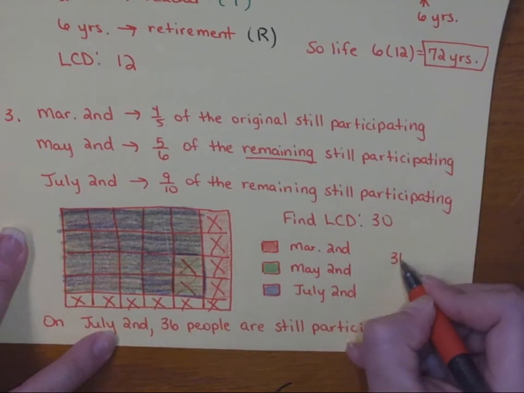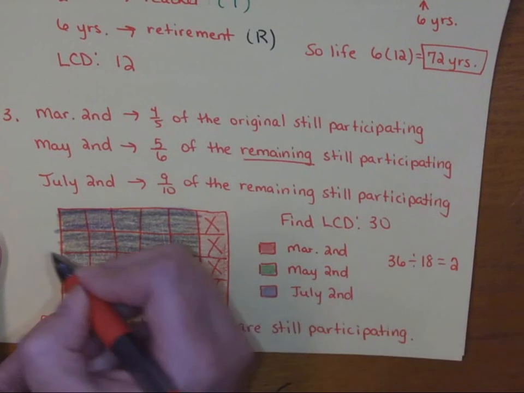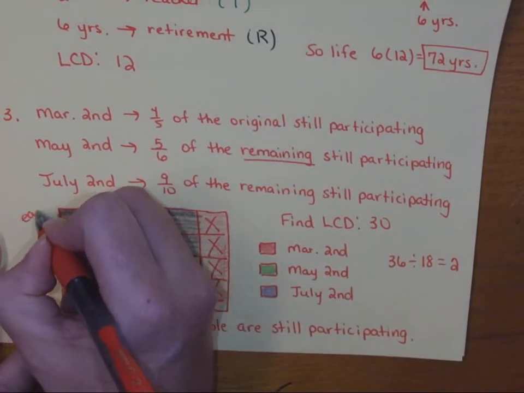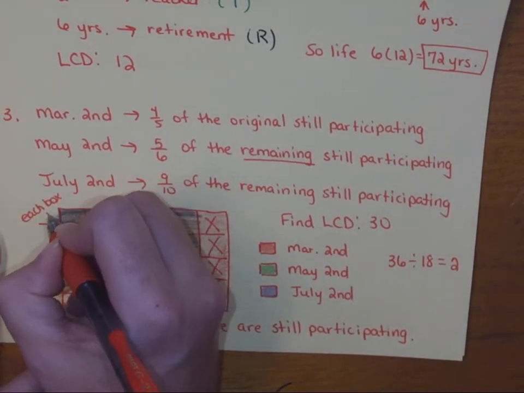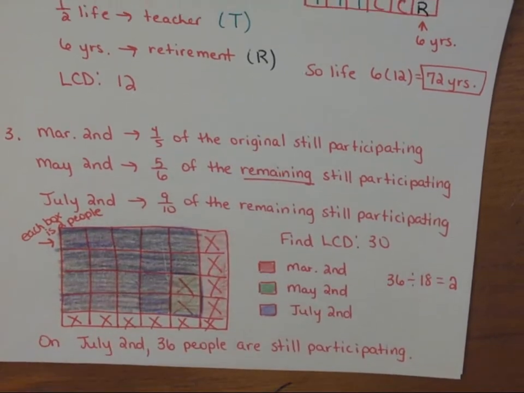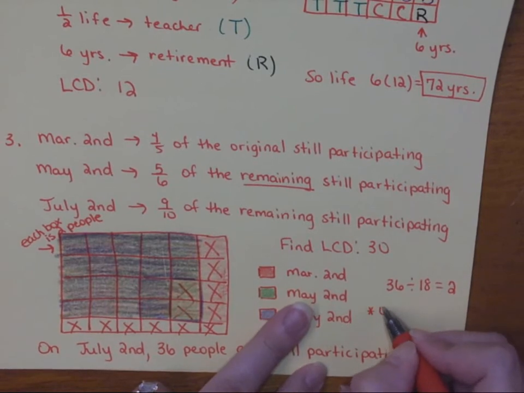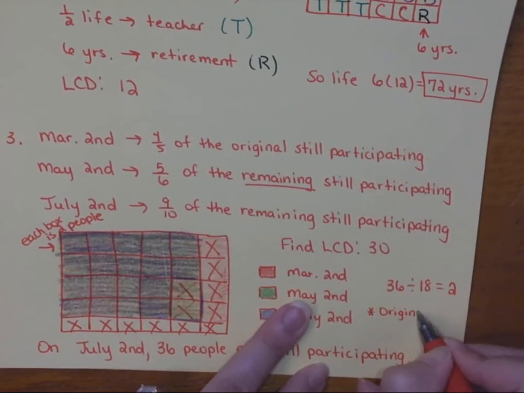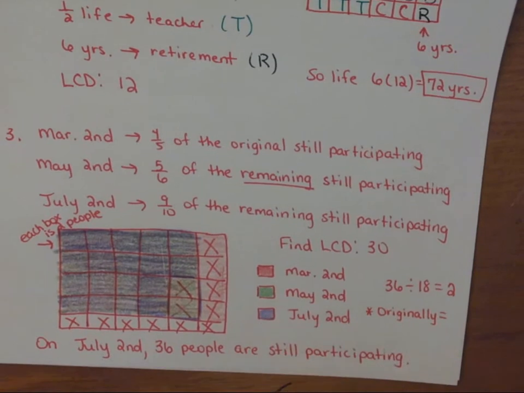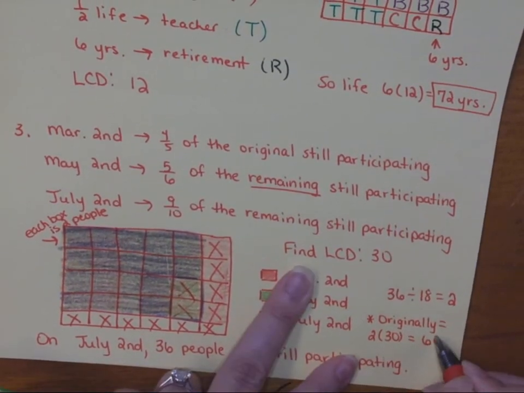So if we do 36 divided by 18, we get 2. So what that means is that each box is 2 people. So the final question says, how many were originally enrolled if there were 36 at the end? Originally enrolled would be all the people that started, right? So originally we had 2 people per box times 30 boxes, so originally we had 60.